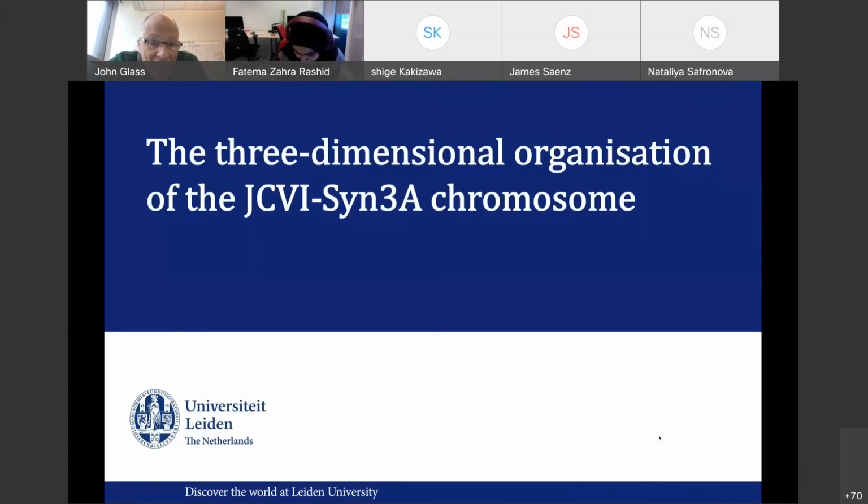Its lower level of synthesis, we think, was an accident of the minimization process, but we can think about rebuilding cells. We'd have to go through transplantation, but we can rebuild cells so that proteins that you designate might be expressed at higher or potentially lower levels. Things we could do. All right. That would be nice.